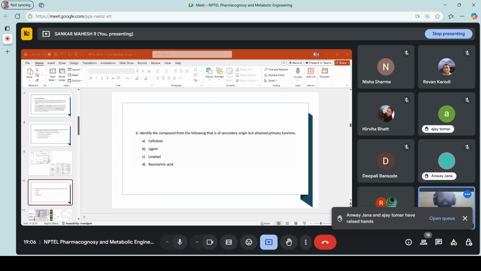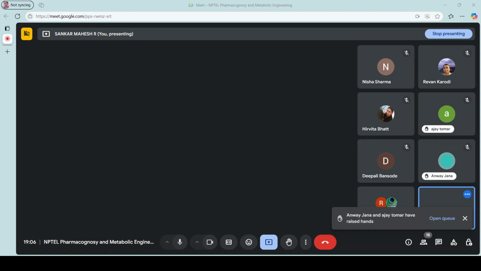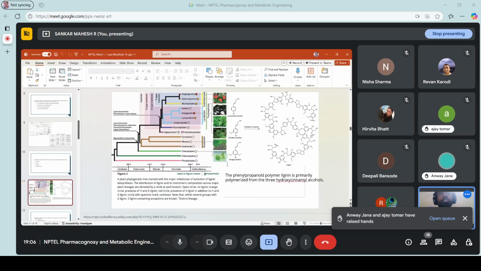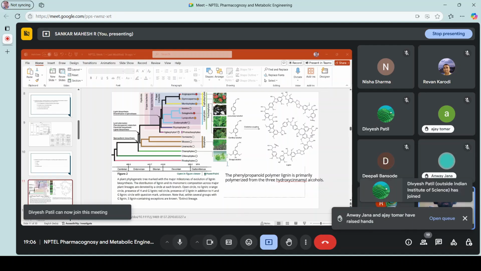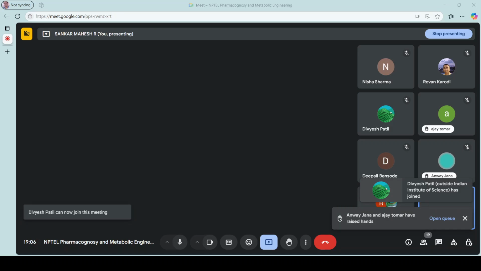With respect to lignin, if you look at its structure, it is formed by oxidative coupling of a few alcohols: coumaryl alcohol, coniferyl alcohol, and sinapyl alcohol. So it is a phenylpropanoid polymer, and this is how its structure looks. And in the lecture videos, the professor had mentioned how, through evolution, plants gained the ability to move from water to land and then adapt to land.